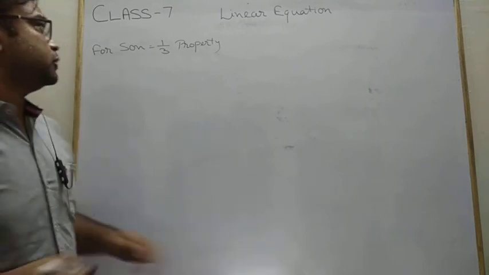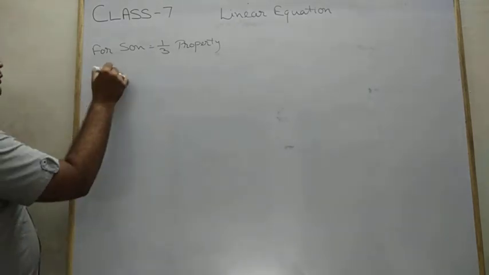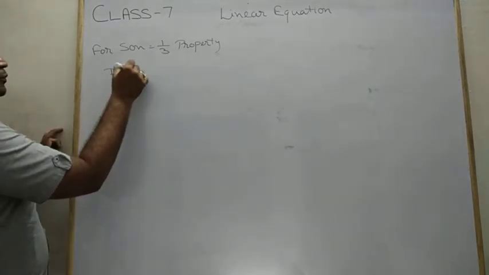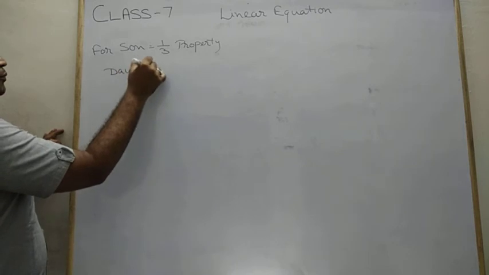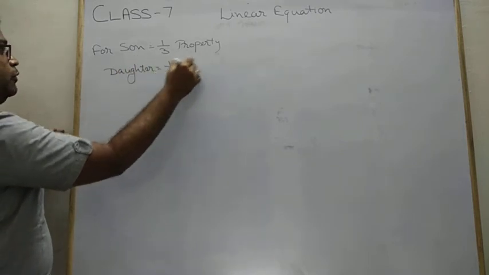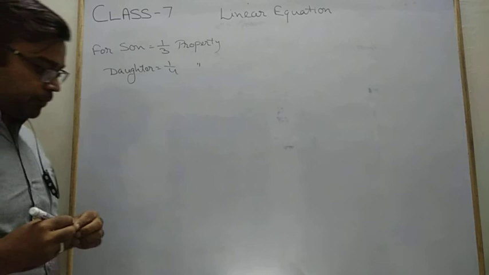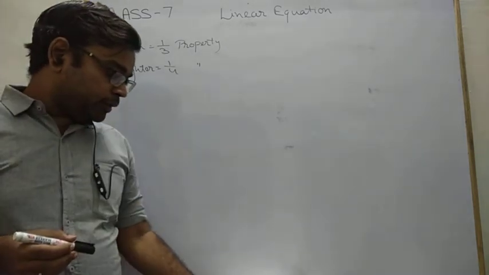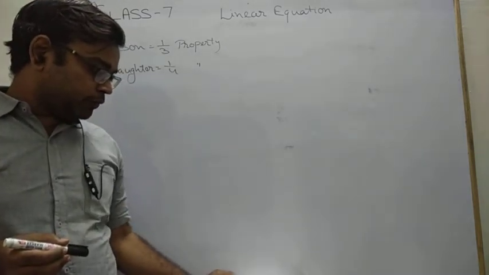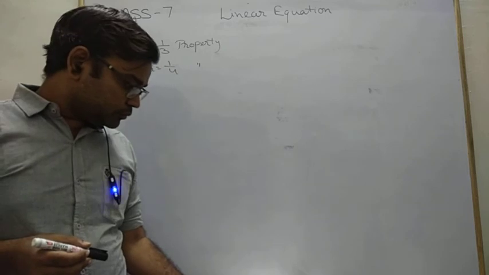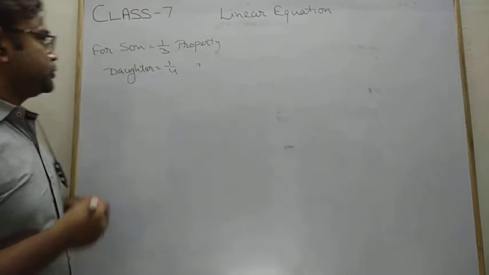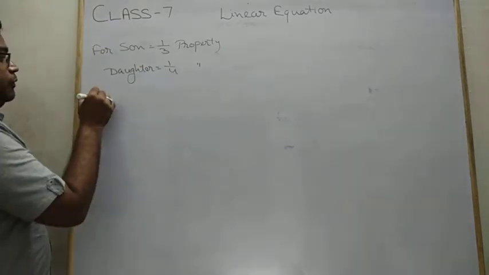Clear? And 1/4 for his daughter. So for daughter, 1/4 property. Clear? And the remainder for his wife. So remaining for wife.